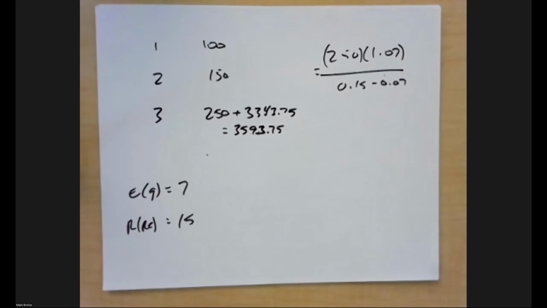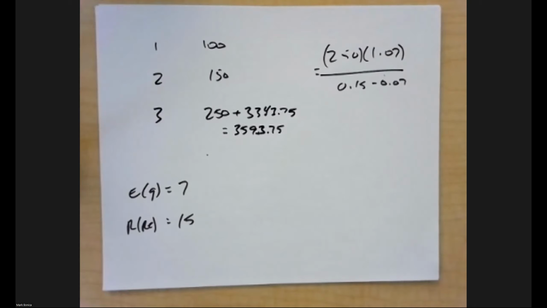So I've got to do what with these future values? Bring them back to the present, all 3 of them, right? Because the value of the business is the 100, the 150, the 250, plus all the cash flows that come after 250 that are going to be based on 250, which we know is worth 3343.75 at the end of year 3. So that one's happening out at year 3.